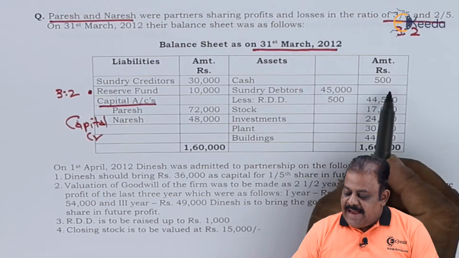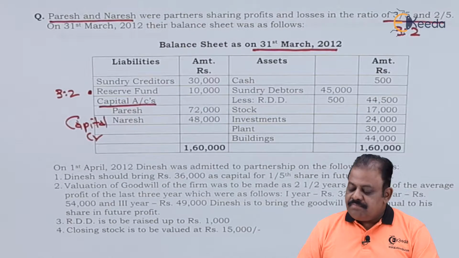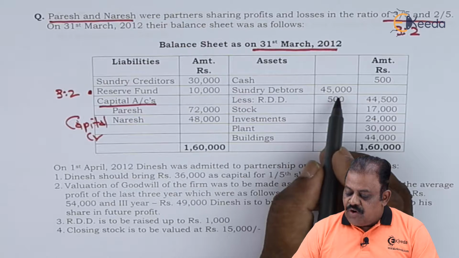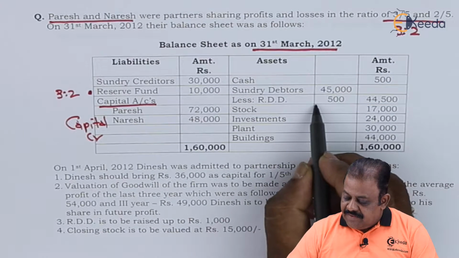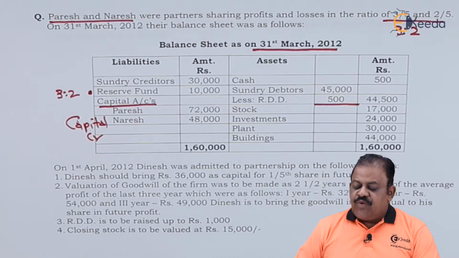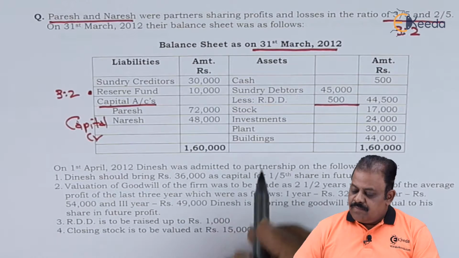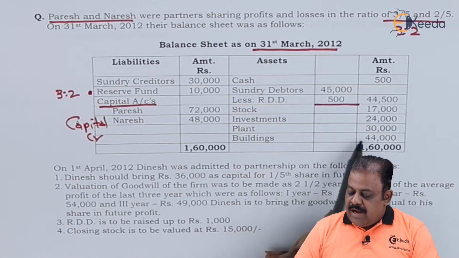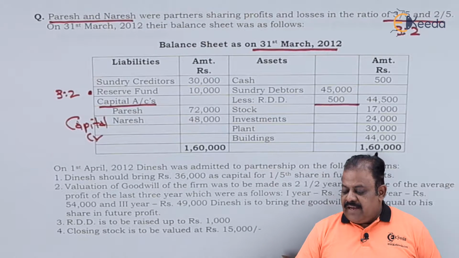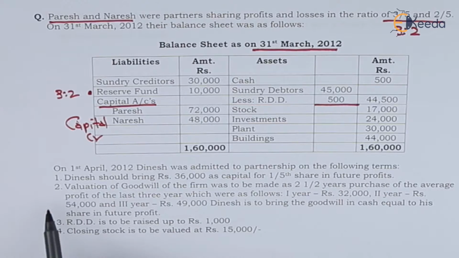Asset side, cash 500. Sundry debtors 45,000 less RDD 500. So it is 44,500 net debtors. Stock 17,000, investment 24,000, plant 30,000, building 44,000.